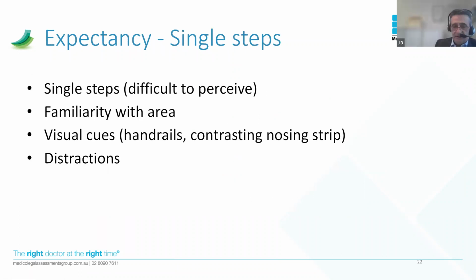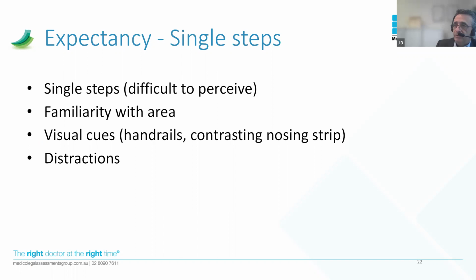Now, another aspect of steps that we investigate quite regularly is the single steps. Single steps are a major source of accidents, mainly because they're sometimes difficult to perceive. And the factors around that are familiarity with the area, if people are familiar with the area or not. So a step where they're not expecting a step.